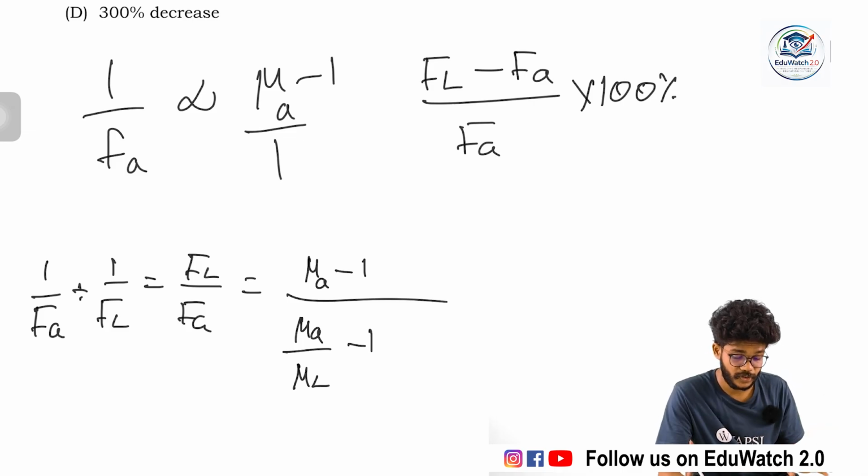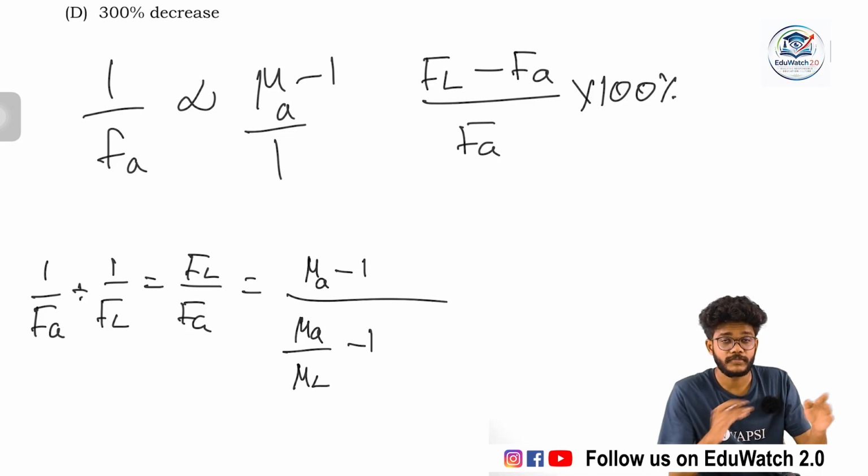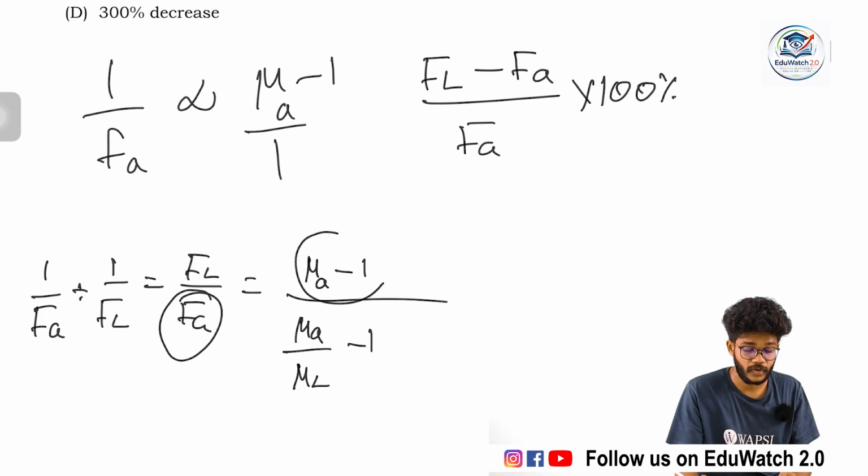They are inversely proportional, that's why the terms are arranged opposite to that. That means f_a and mu_a are opposite, f_L and mu_L are opposite.